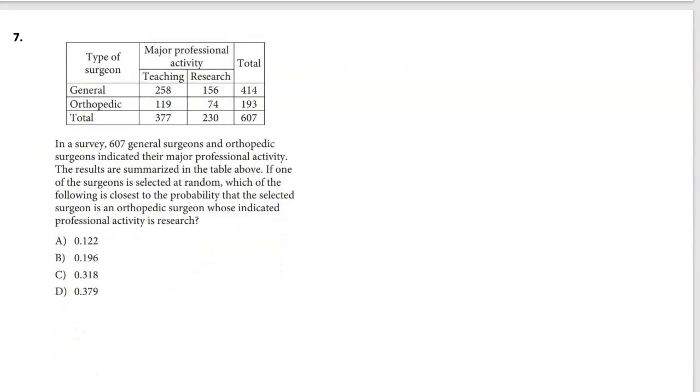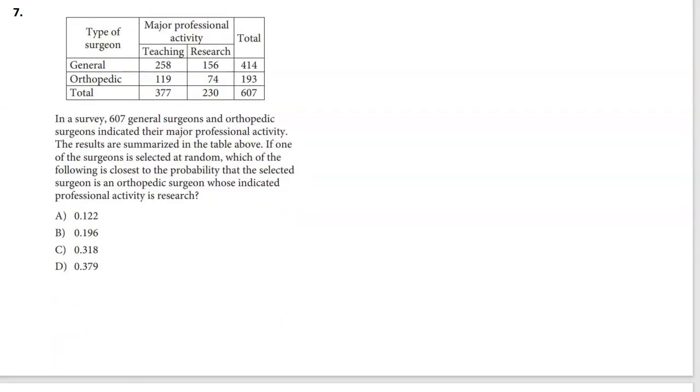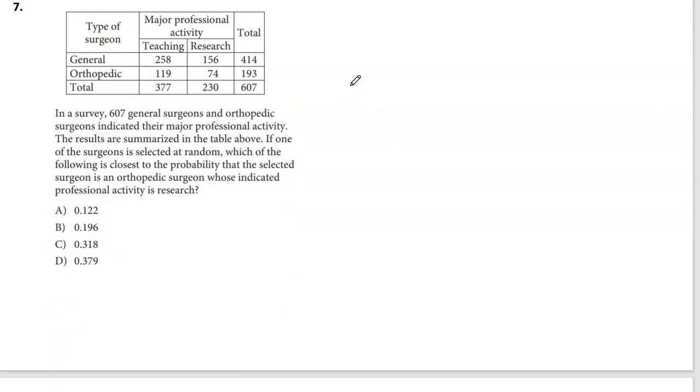Next question. So this is a probability question. Probability questions are normally given in the form of a table, and then they give you the condition that meet the possibilities. So it says we have in a survey 607 general surgeons and orthopedic surgeons who indicated their major professional activity, right?